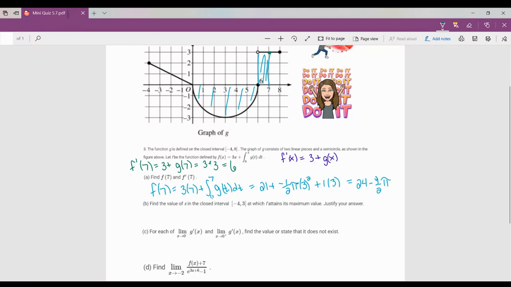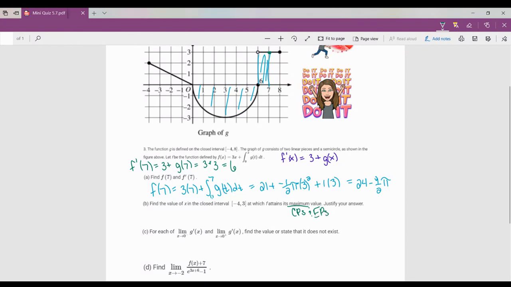For part B, find the value of x. Do I care about the y value? Not really. Find the value of x in the closed interval from -4 to 3 at which f attains its maximum value. Maximum means CPs and EPs.